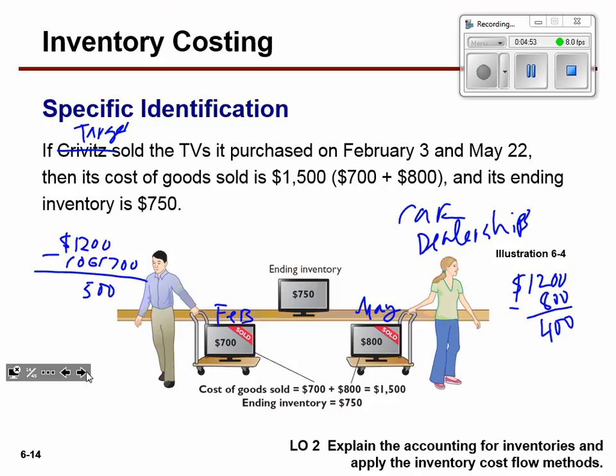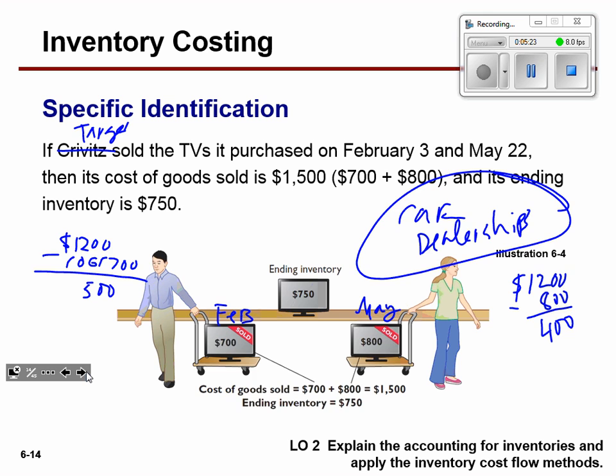A 50-inch TV is a 50-inch TV, and Target probably has 2 or 3 out on the floor, one is a display model, and a bunch in the back. Heartland Motor Company probably has one red Corvette, and they know what its cost was. So this is rarely used. This is all that we're going to talk about it, because it's not necessarily practical unless you're a car dealership.